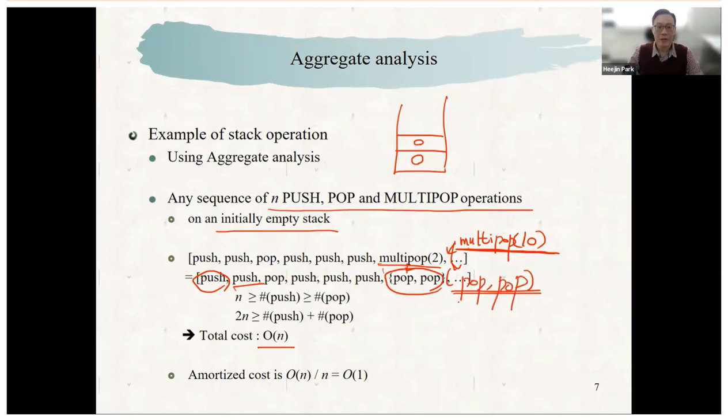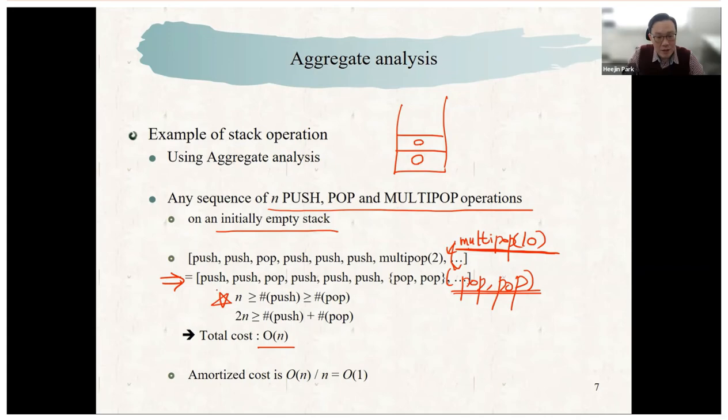In this converted sequence, the number of push operations should be bigger than the number of pop operations, because a pop operation is possible only if there is a push operation. So this is important: the number of pop operations is smaller than the number of push operations, and the number of push operations is smaller than n, where n is the total number of push, pop, and multipop operations. This is an important inequality.